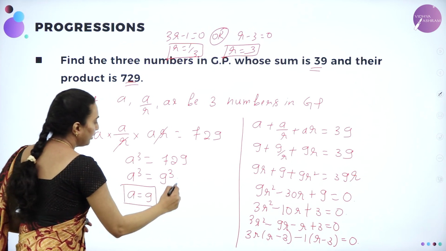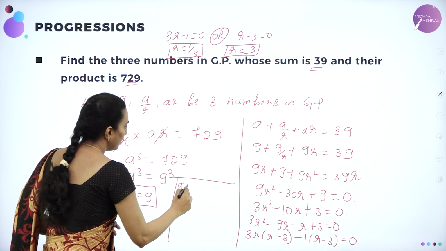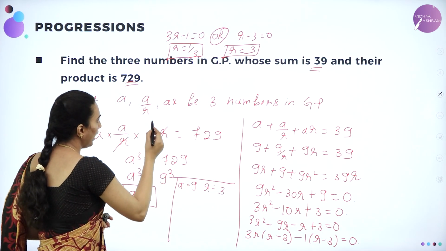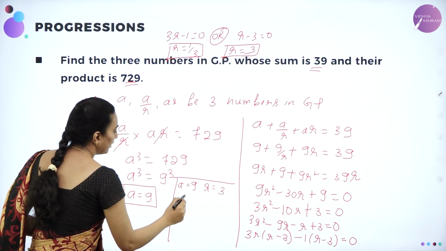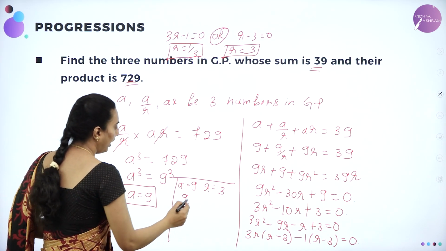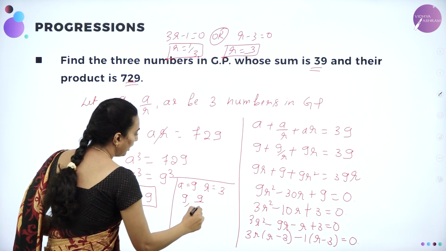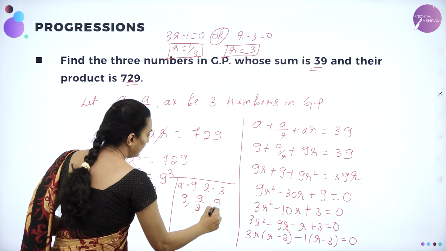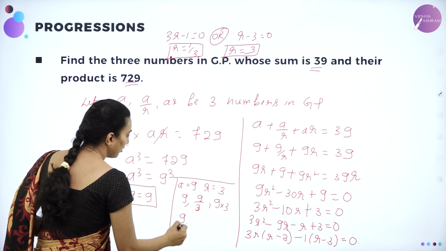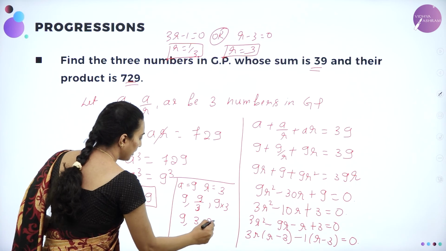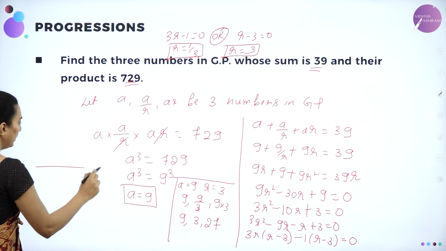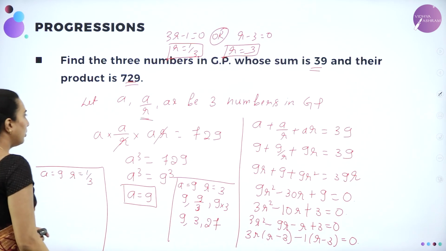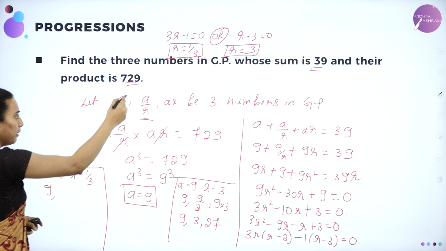Therefore, when a is equal to 9 and r is equal to 3, you find out first: a by r, that is 9 by 3, which is 3, comma a, that is 9, comma ar, that is 9 into 3, which is 27. So the numbers are 3, 9, 27.